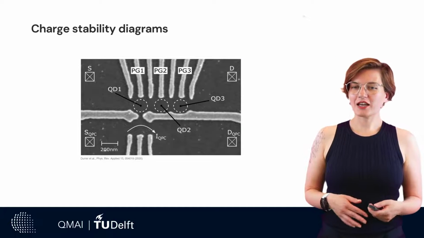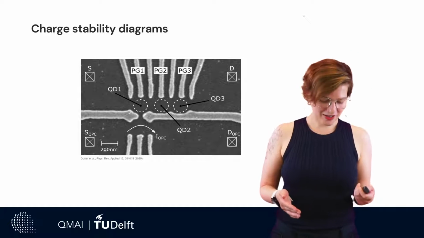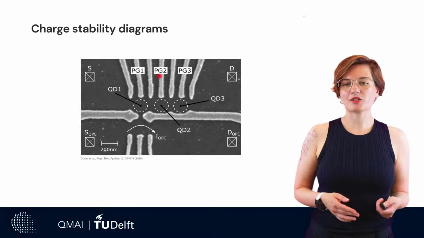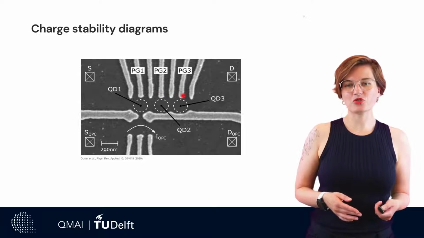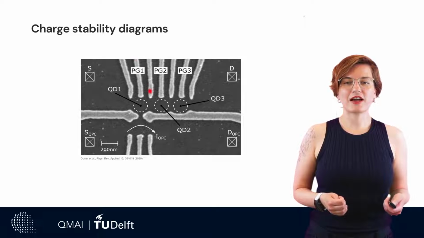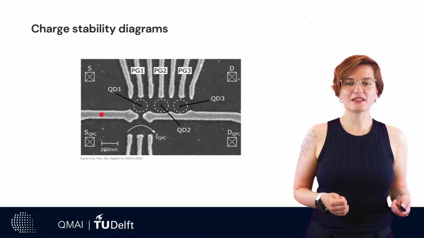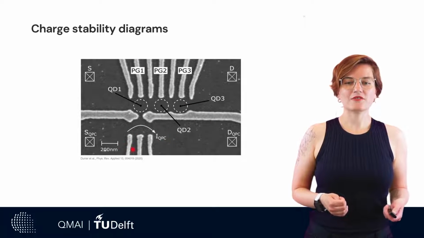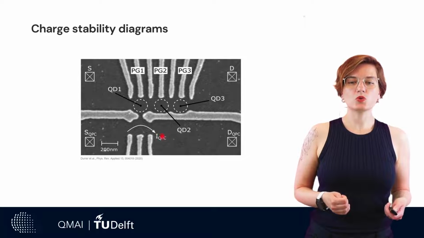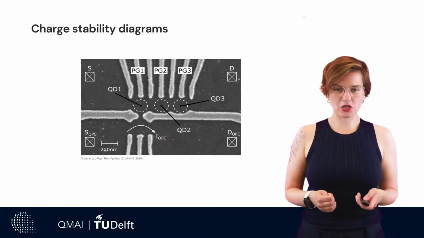If we look at how this looks on a real device, this is the electron tunneling microscope picture from our experiment from Zurich in 2020, where we have 3 quantum dots. Now you see that they are defined by many different gates. And then we also have these extra electrodes that will help us use this QPC current to measure what's happening in the dot.